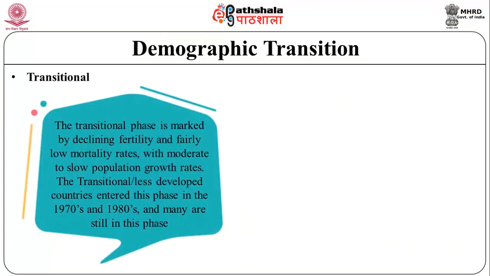Now, the transitional phase is marked by declining fertility and fairly low mortality rates with moderate to slow population growth rate. The transitional or less developed countries entered this phase in the 1970s and 1980s, and many are still in this phase, for example Botswana, Bangladesh, Cambodia and Jordan.